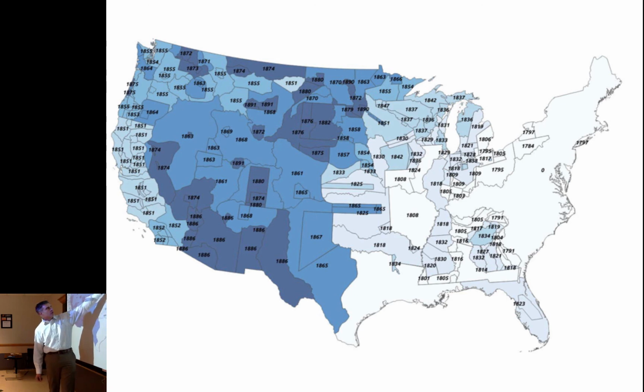And over time, these dates, for the most part, get later and later. And as Andrew said, it largely is associated with non-Indian settlements. So these are land cessions. And the reason there were these land cessions, how about what was going on in this blank space?